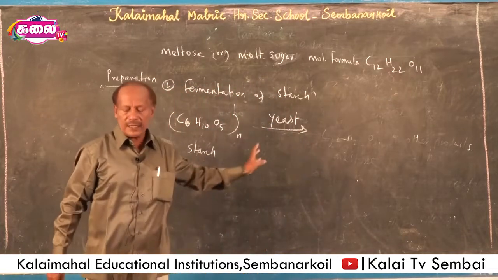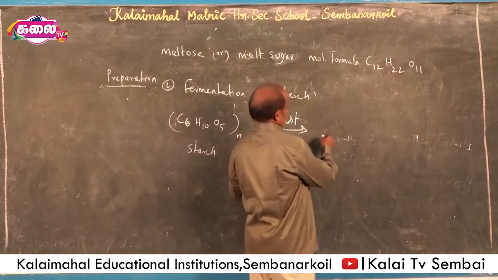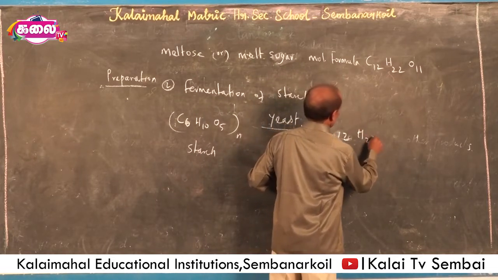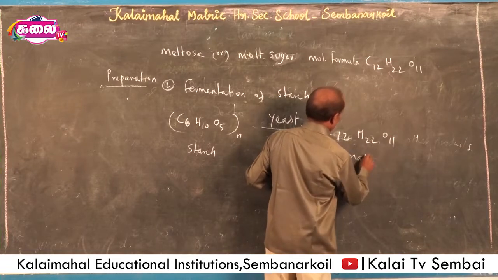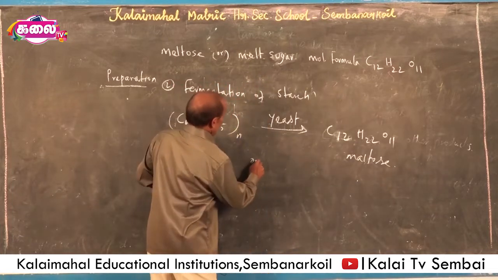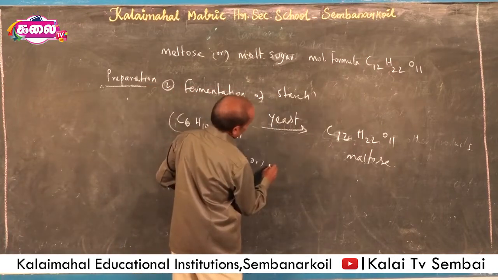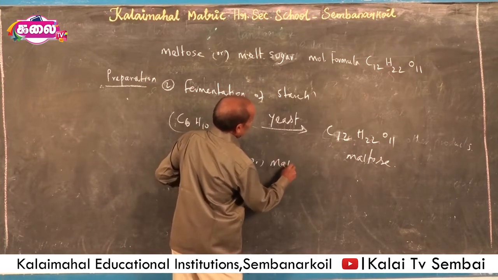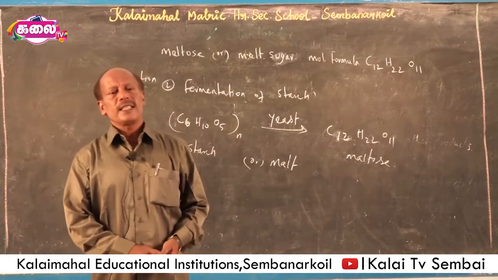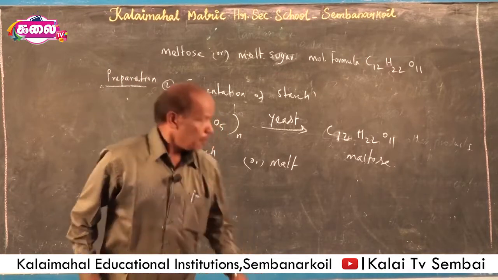Yeast contains the enzyme diastase, which converts starch into maltose. Or we may convert starch into maltose by using malt, which is present in barley. Then let us come to the chemical properties of maltose.